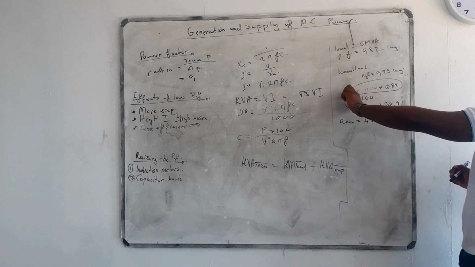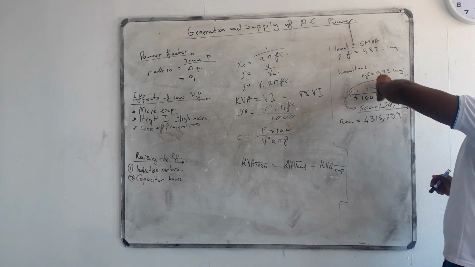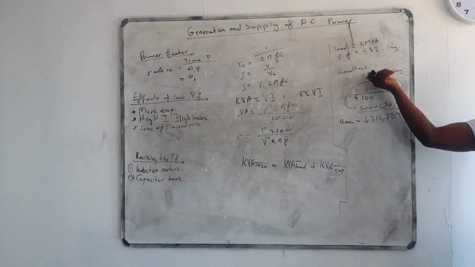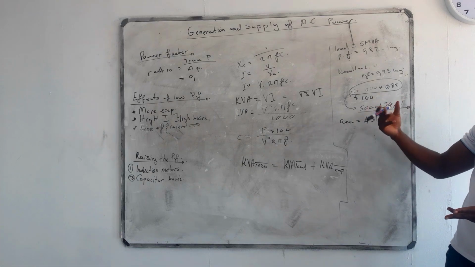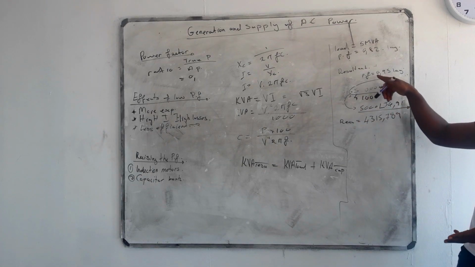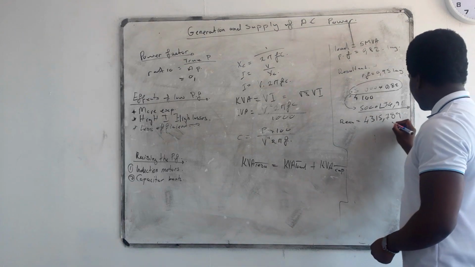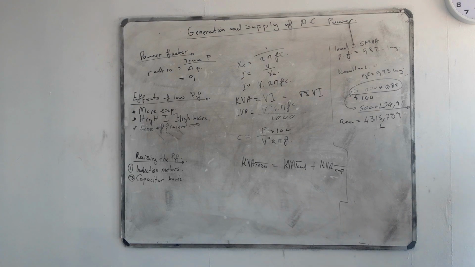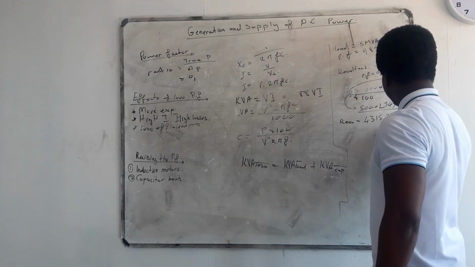Now, if we fix this with the capacitor, it has been improved by 0.95, so you divide this power by 0.95, and that will get you this. Is this at an angle of? Use second function cos of 0.95. What do you get as your answer? 18.19.